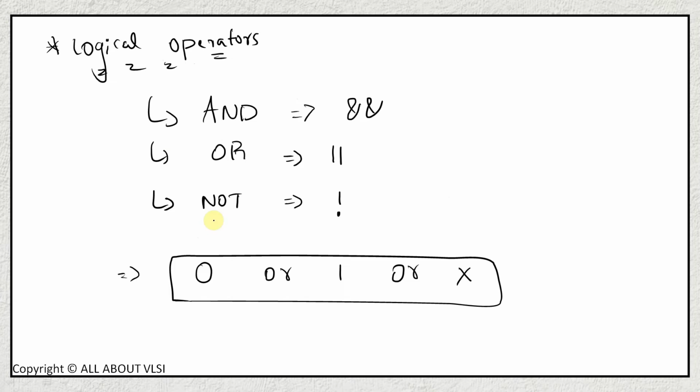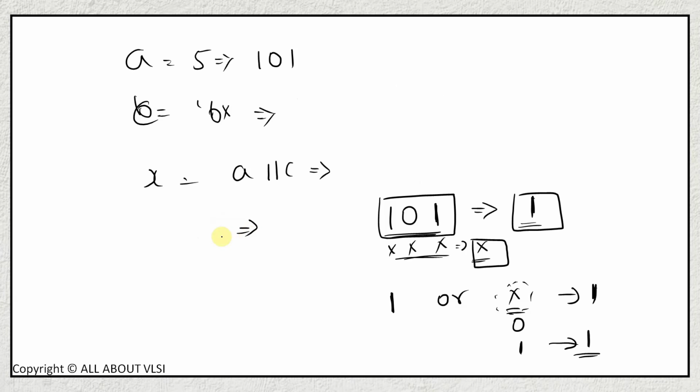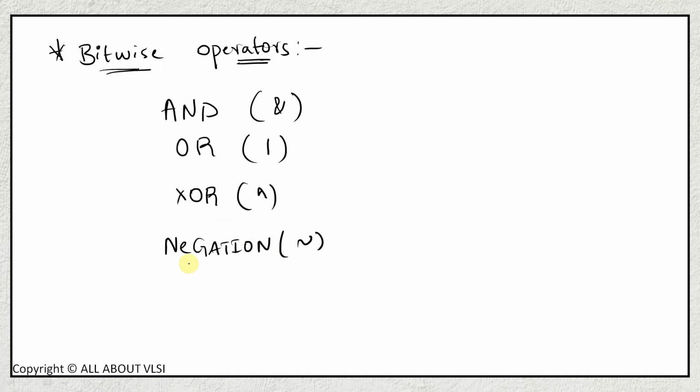The difference is that this is the logical NOT operation and this is the bitwise NOT operation. And you have the XNOR operation, or you can also write it this way. Both are the same.